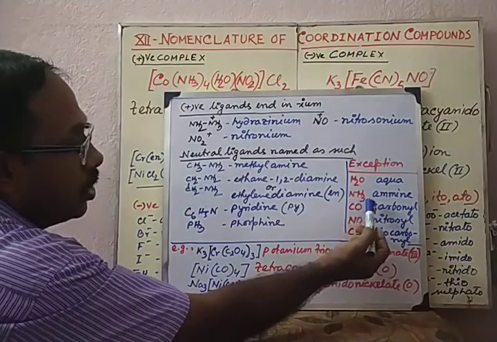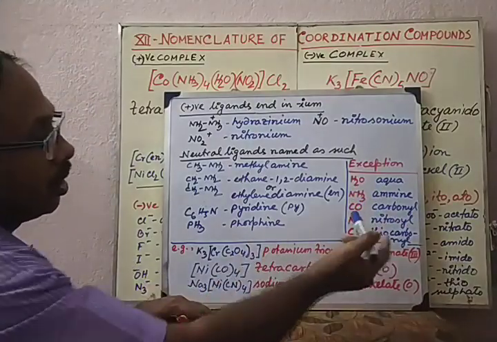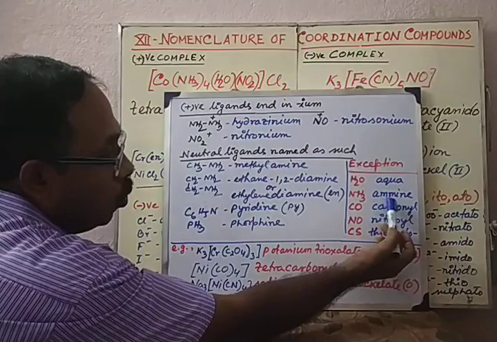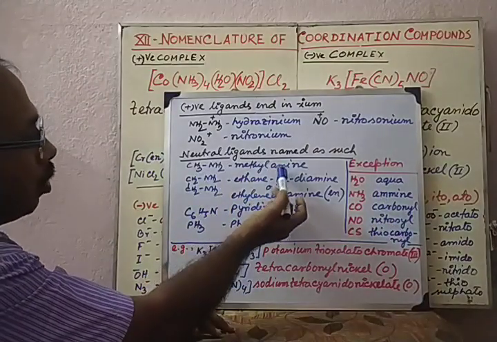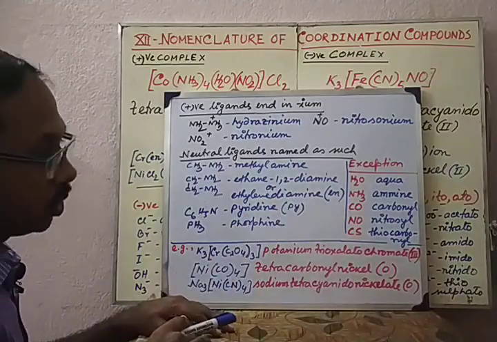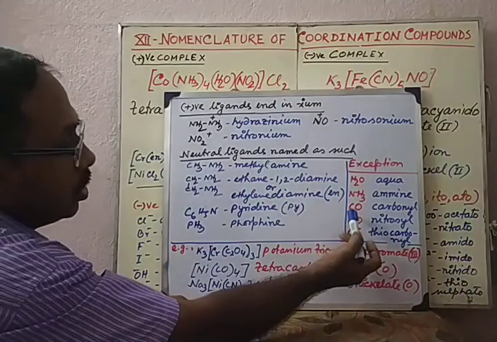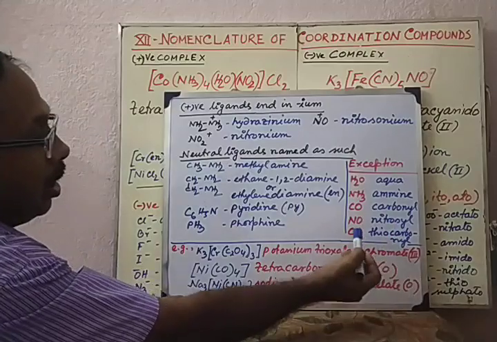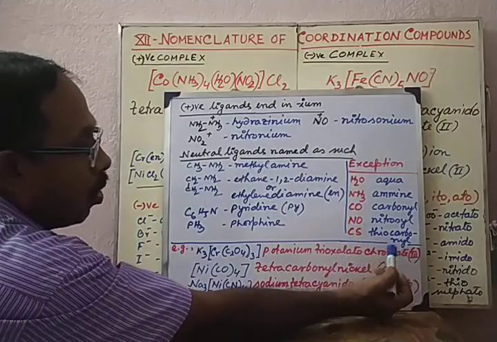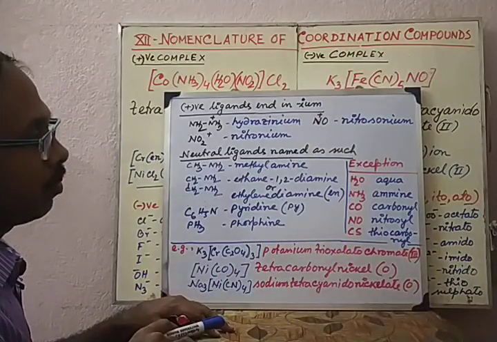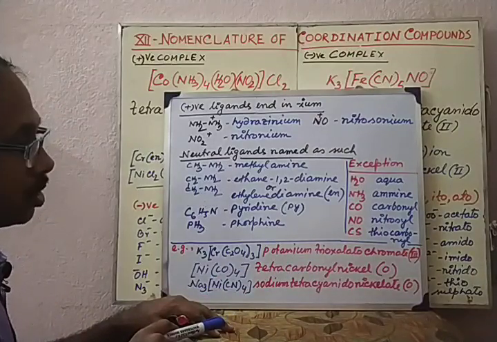Now NH3 is written as ammine. Here you can follow the name: two Ms are used in the name, whereas in methylamine only one M is used. So this has to be noticed. Then CO, carbonyl. NO, nitrosyl. CS, thiocarbonyl. These are some exceptional neutral ligands.